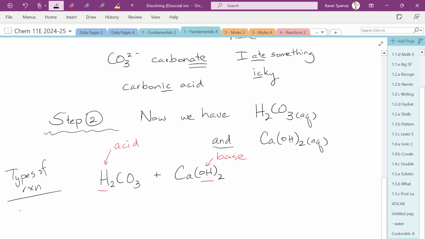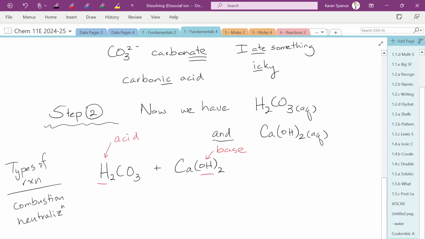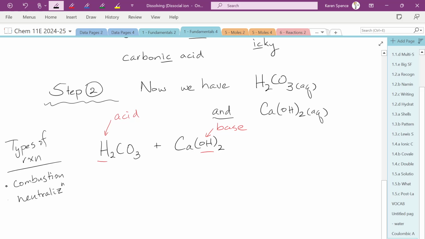Yeah? Combustion? Neutralization. Neutralization. Yes, double replacement. Single replacement.